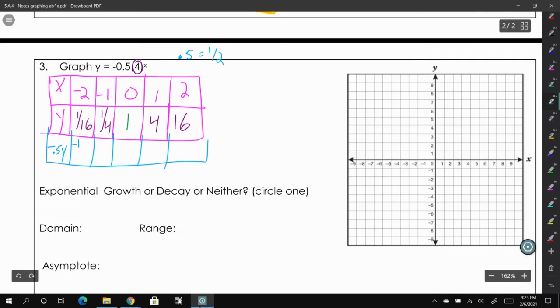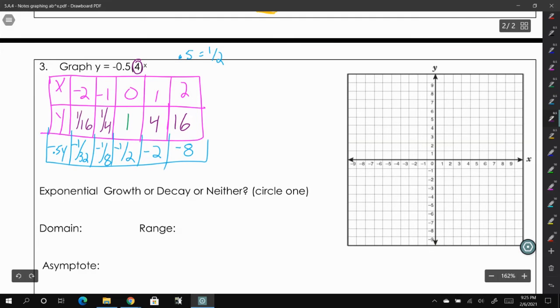That's going to give us negative 1/32. 1/4 times negative 1/2 is going to be negative 1/8. 1 times negative 1/2 is going to be negative 1/2. 4 times negative 1/2 is going to be negative 2. And then 16 times negative 1/2 is going to be negative 8. Because we want to keep it with fractions and not convert everything to decimals.